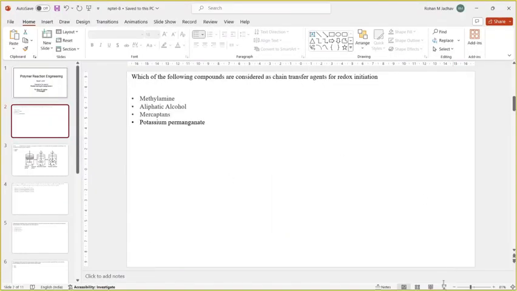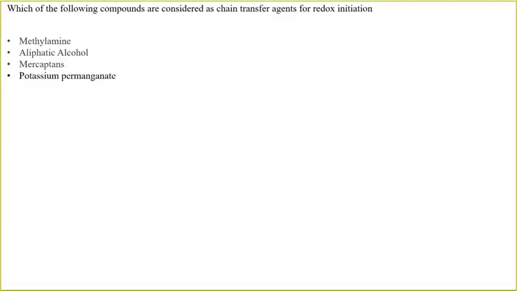Okay then. Starting from the first question: which of the following compounds are considered as chain transfer agents for the redox initiation process? First of all, what are chain transfer agents? Chain transfer agents are agents which transfer the activity of a propagating chain to another chain.